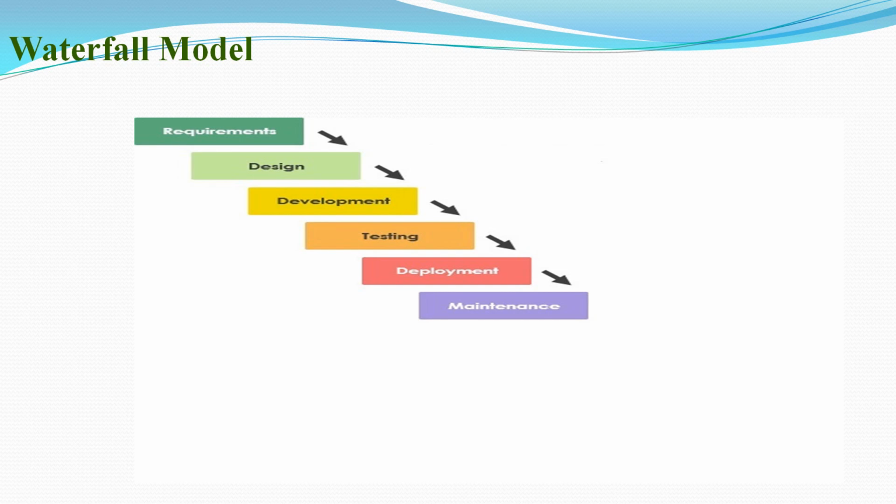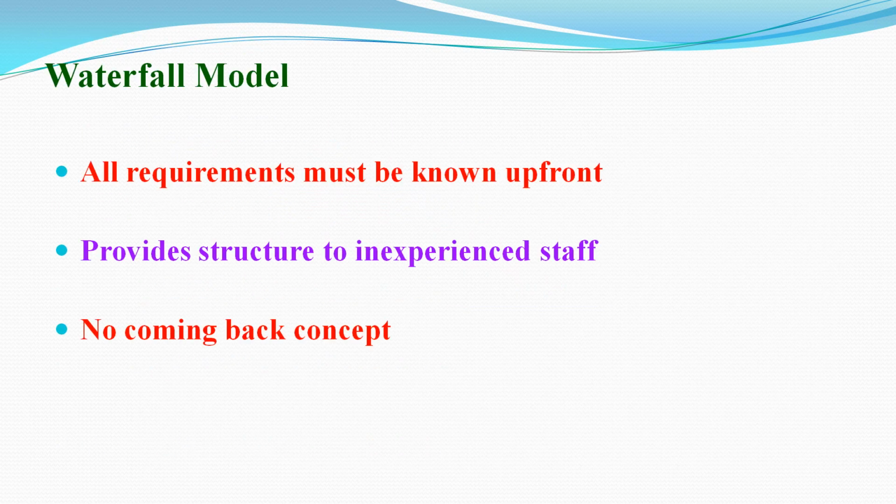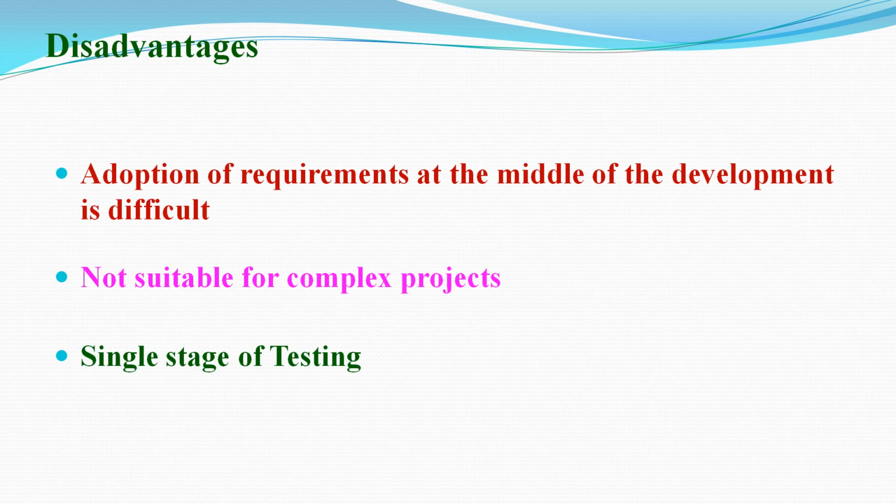If you take any other model, like the V model, in the V model we have 4 levels or stages of testing, like unit testing, integration testing, system testing, user acceptance testing. But in the waterfall model, we have only one stage of testing. If there is one stage of testing, we cannot expect more quality in the software. So that is one of the major disadvantages of the waterfall model.